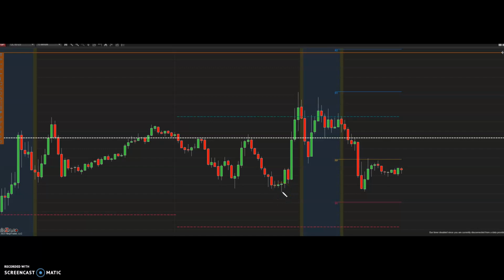From that beginning origin, I draw my fib all the way up until where price action started pulling back. Once I identify how strong that pullback was, I then put in my zone.